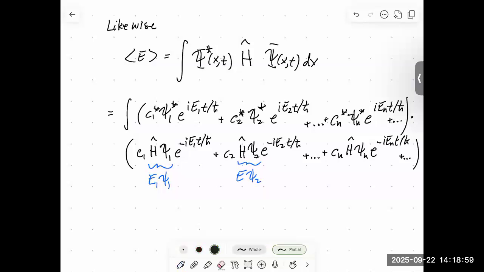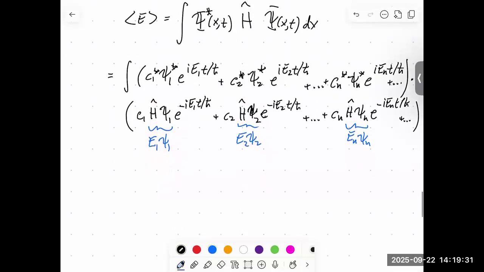And then this one is En psi n. And now everything we did is exactly the same, except we have this extra factor of the energy that comes along for the ride. So wherever we see a C1, it's going to be multiplying an E1.